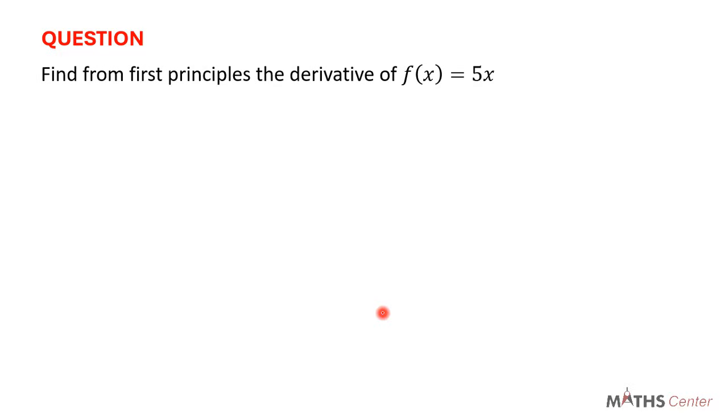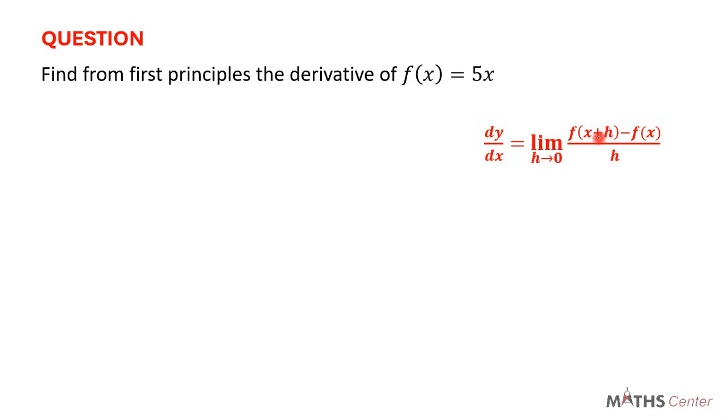Let's consider the first one. Find from first principles the derivative of f of x equal to 5x. We have just learned that the derivative, or the differential coefficient, or the gradient function will be given by the limit as h approaches 0 of the function f of x plus h minus f of x divided by h.